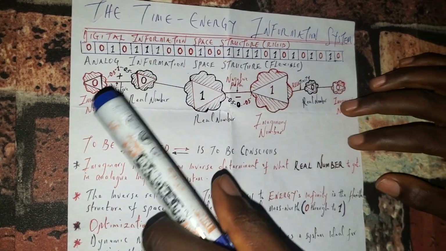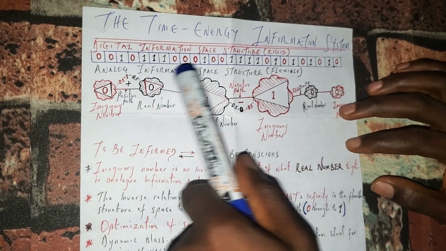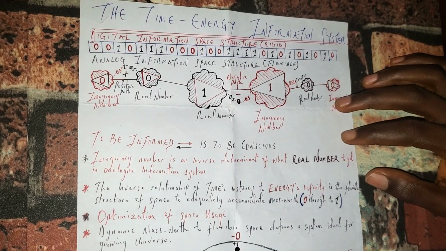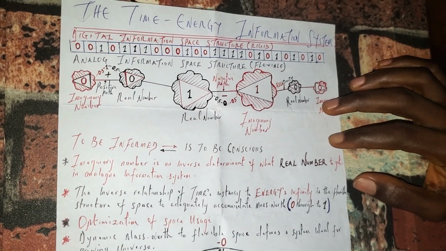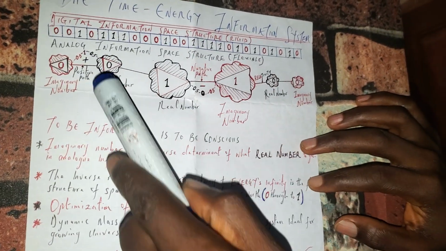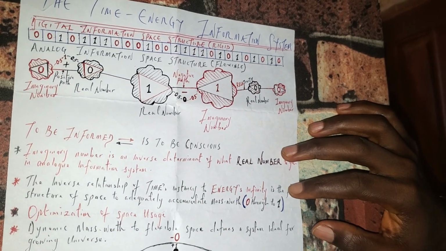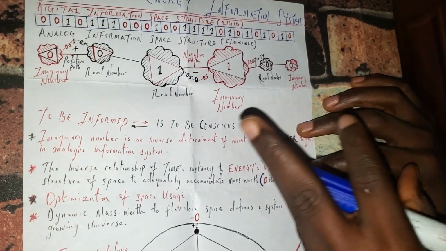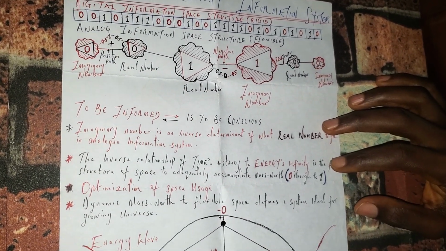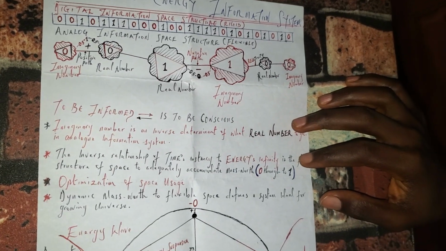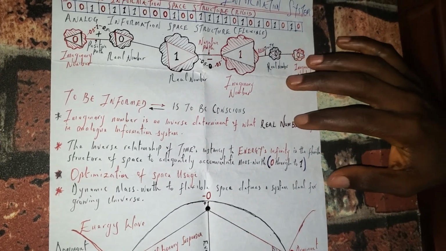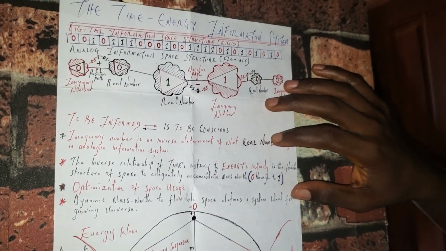So when any of these numbers is deleted, that space will still remain the way it is with its size. But now, let's look at what we have under, which is the analog information space structure. This is the information space structure of time technology. Time technology is so flexible that the space structure can actually expand and contract to adequately accommodate data.